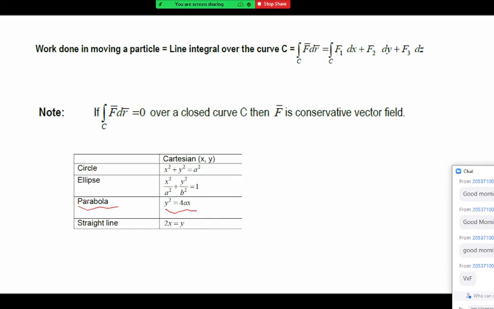Sir, x equal to a t square and y equal to 2 a t.